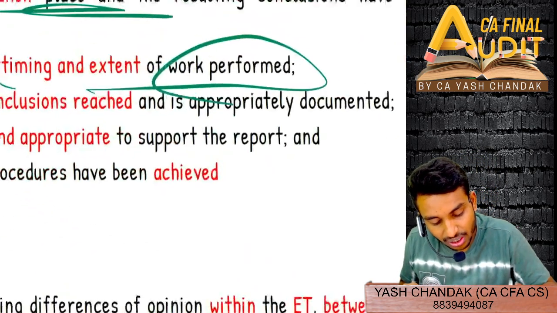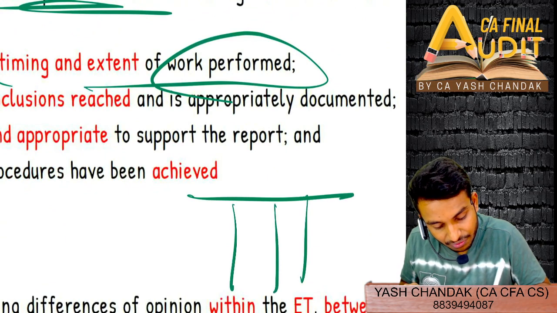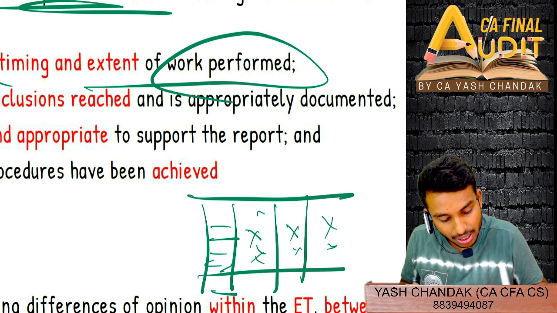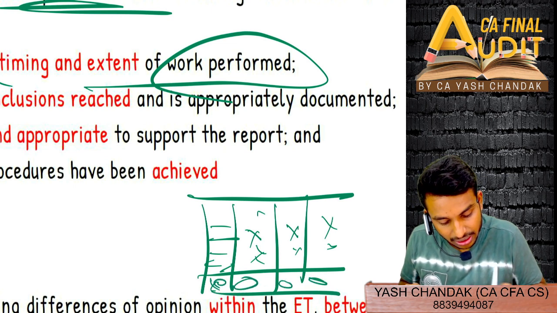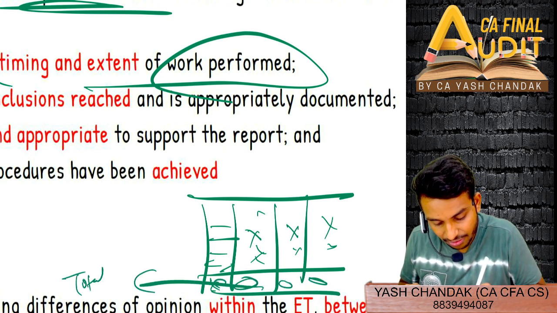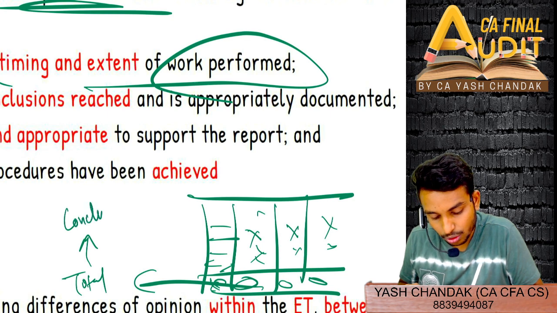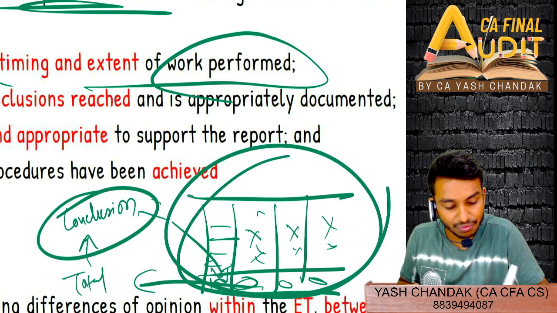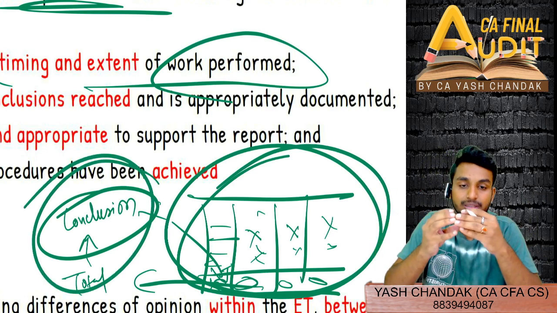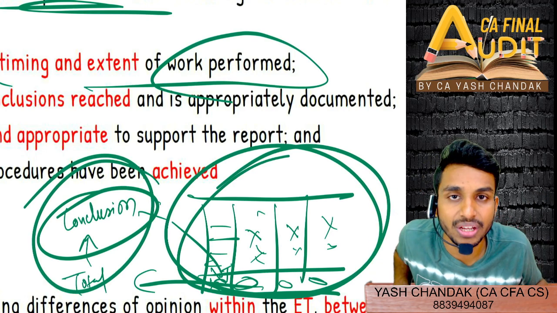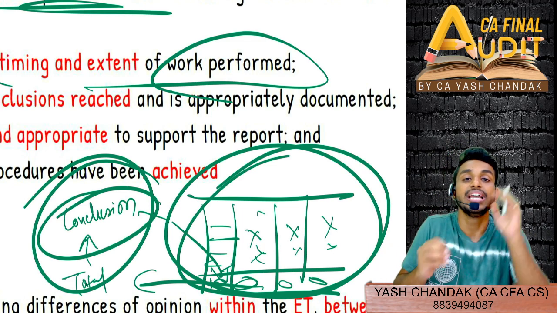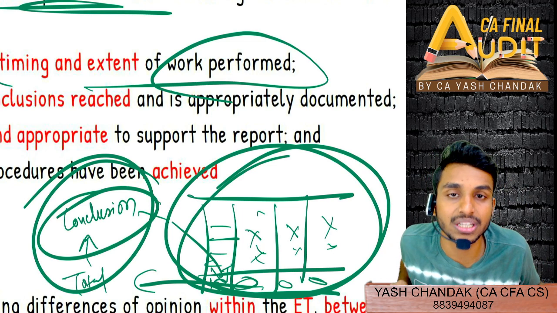Then whatever work we have performed, suppose we have an Excel file, and suppose this is the conclusion, this is the total, and based on this total we formed a conclusion. So they say that the conclusion and the working against which you derive the conclusion should both tally, and the conclusion should be documented.